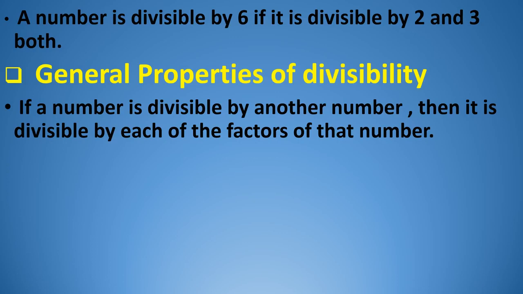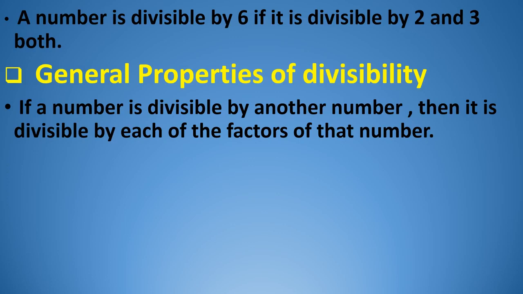Then this 24 is divisible by each factor of 6 also. Clear? If a number is divisible by one number, then it is divisible by all the factors of that number.